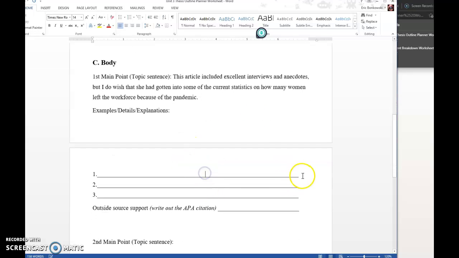And I'm going to give some reasons that I think that. So I'll probably, since I said in my topic sentence, this article included excellent interviews and anecdotes.